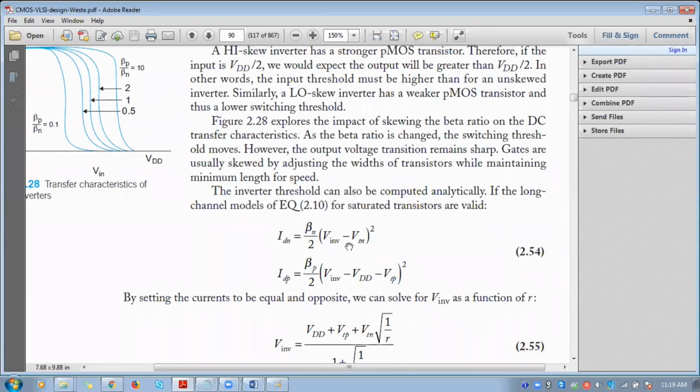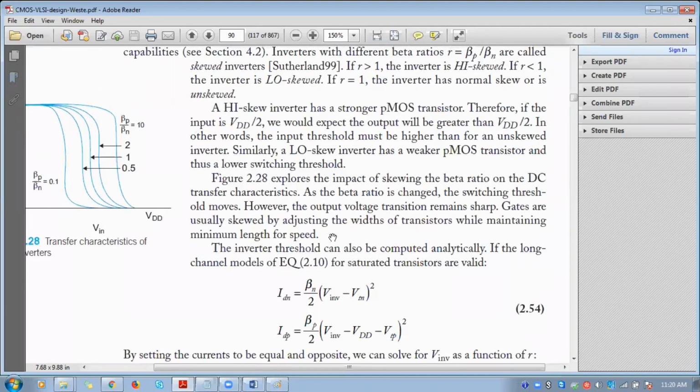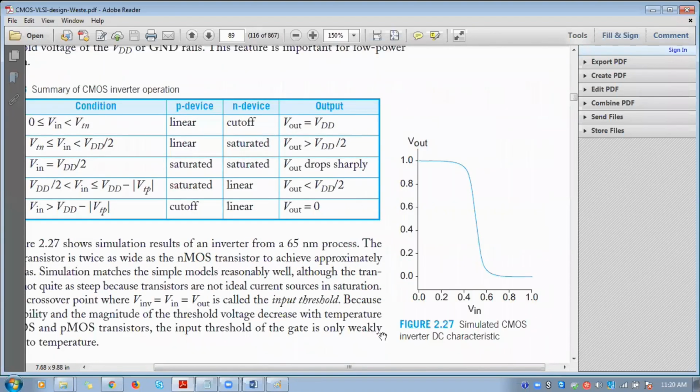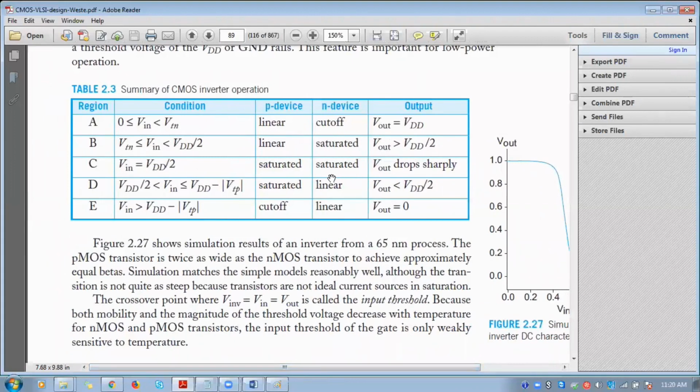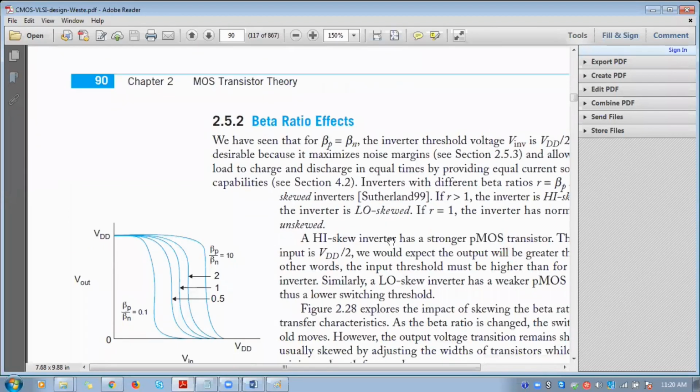This is the output current flowing in NMOS in saturation region. Why? Because I am discussing the saturation region. At this particular point, both PMOS and NMOS are in saturation region. That's why we are equating the current in saturation region.